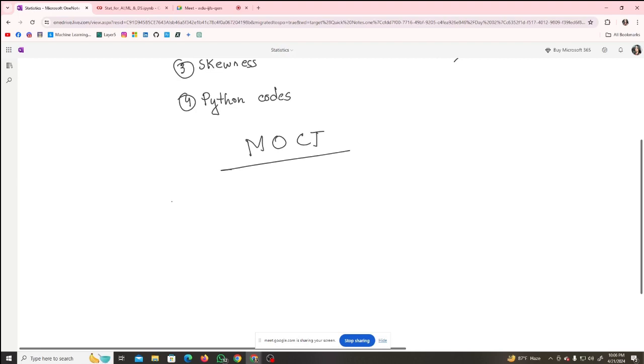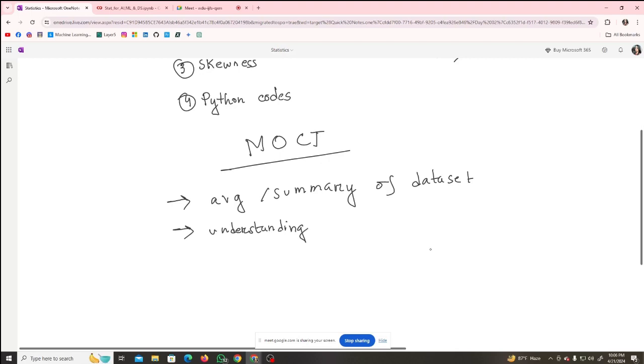Okay, so by measure of central tendency, what do we get? We get the average or the summary of the dataset, and we can get the understanding of where the center of our data lies.